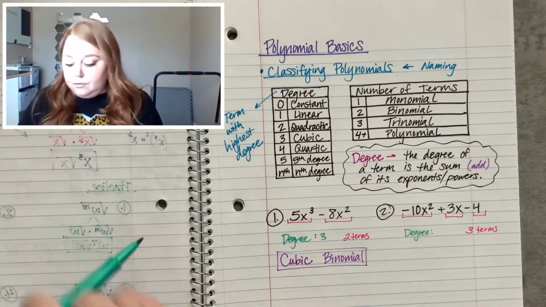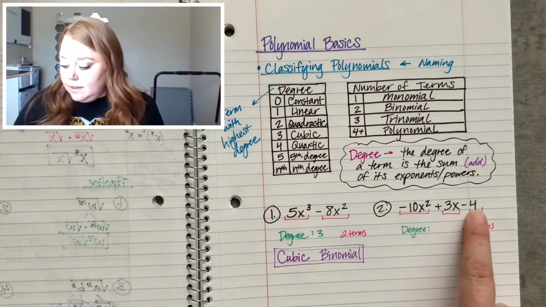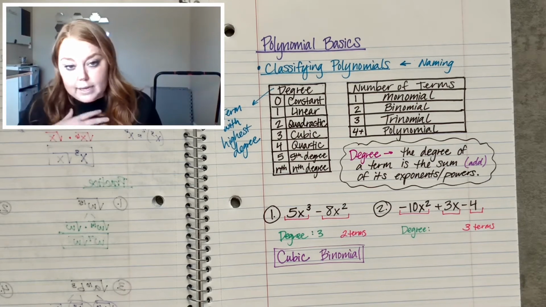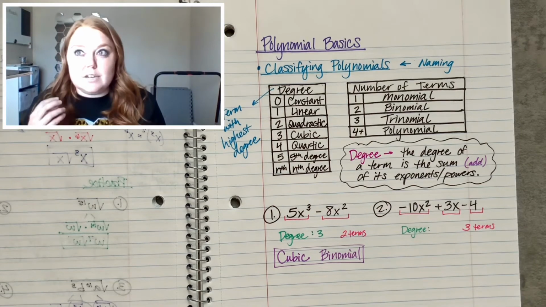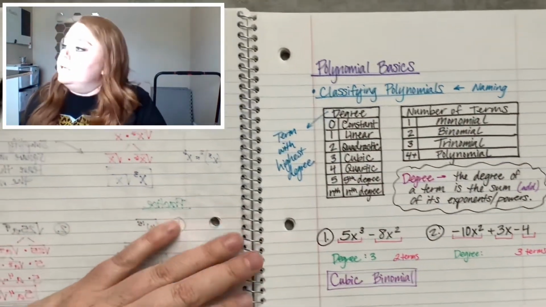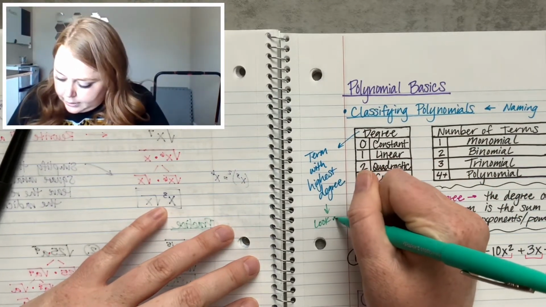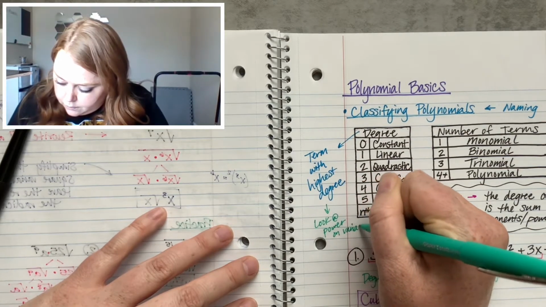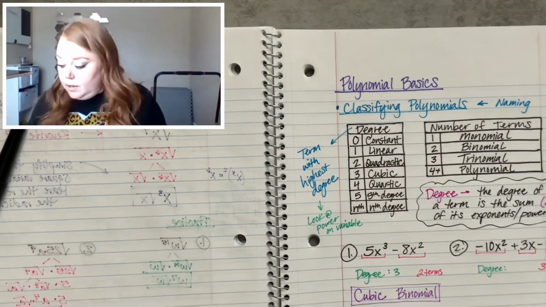Okay. Now for the degree, you want to focus on the term that has the highest exponent. This one right here doesn't even have an exponent on it. I mean, 4 itself has a secret power of 1. We just got done talking about that. But degree is based off of the power on the variable. And in fact, that might be another thing we want to add. Look at power on variable. Okay, so you're looking at the power on the variable.